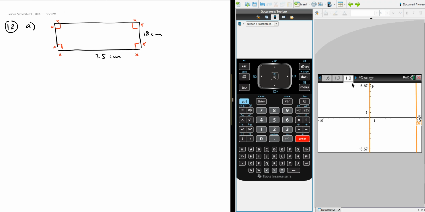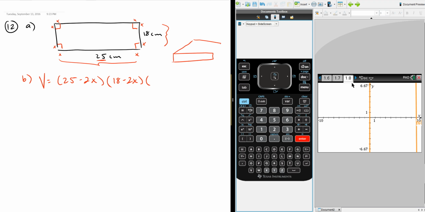That's part A. Part B says write the volume of the box as a function of x. The volume is equal to the length, which is 25 minus the two x's that I cut out for the two sides, so 25 minus 2x, times my width, which is 18 minus my 2x's, times my height, which when I fold over all the sides looks something like that.